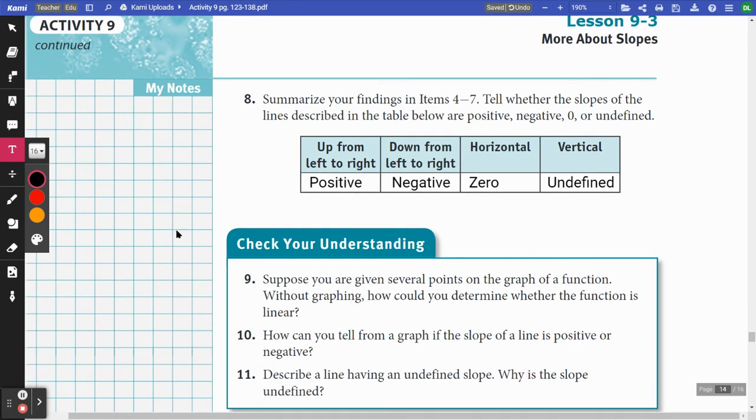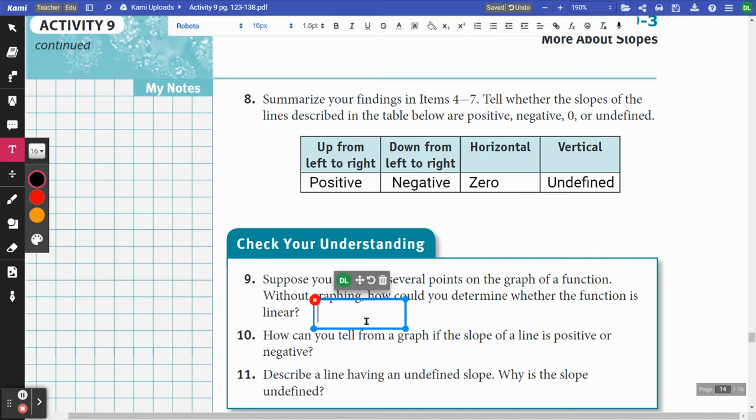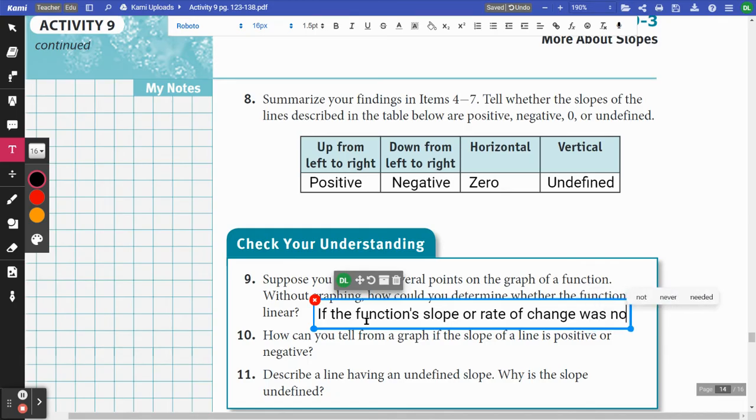Suppose you are given several points on a graph of a function. Without graphing, could you determine whether the function is linear? Right, if the function's slope or rate of change was not the same, it is non-linear.